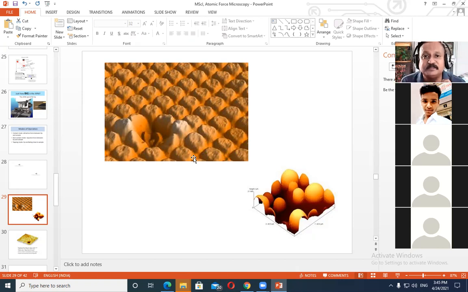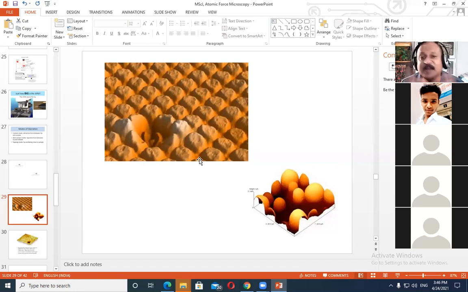recorded. The distance which the probe goes from the top level to the bottom level in the depression, from the top of the mountain to the base of the valley, that distance is also calculated. That distance can be monitored and it is recorded by the instrument.